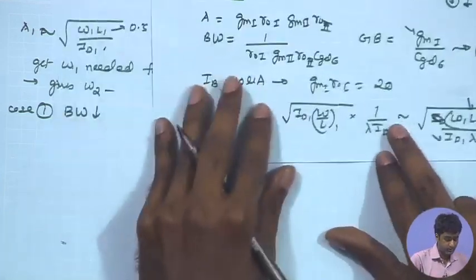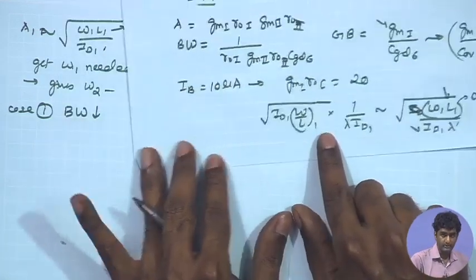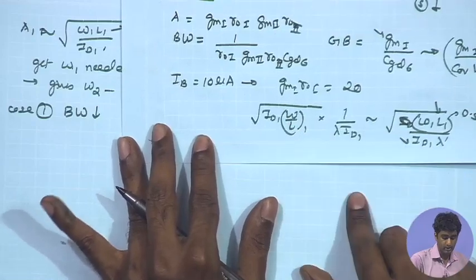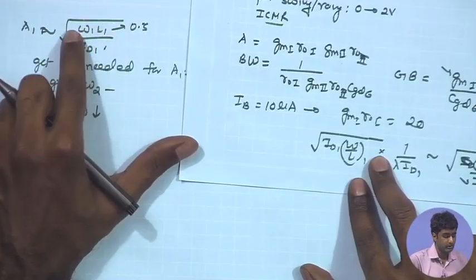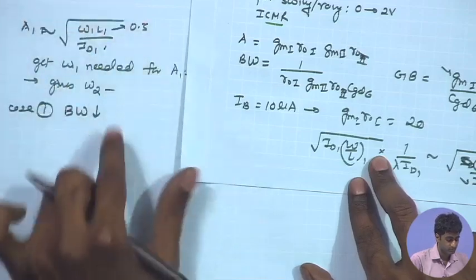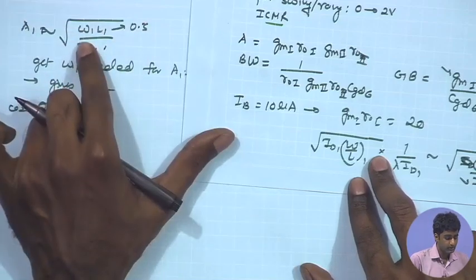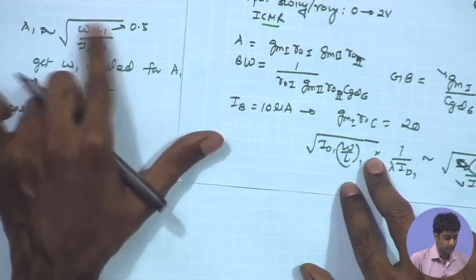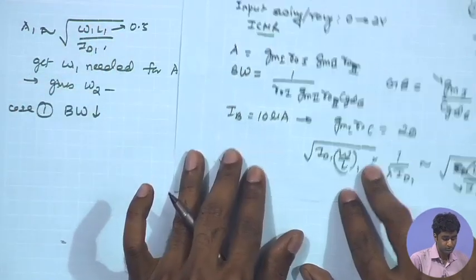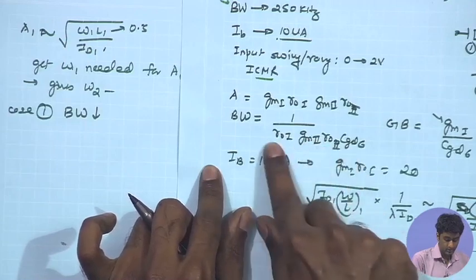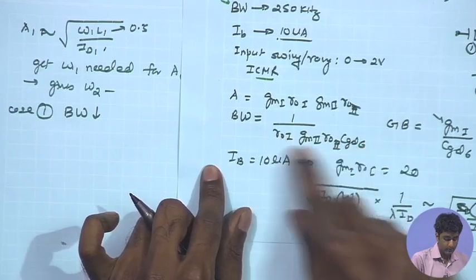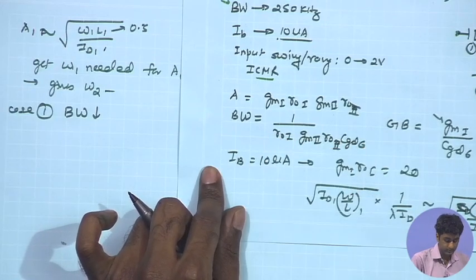In that case I would like to keep the gain as it is, while increasing the overall bandwidth. If this is the quantity on which my gain depends, I would like to keep this ratio almost similar, while going back to the bandwidth equation and trying to increase this quantity.